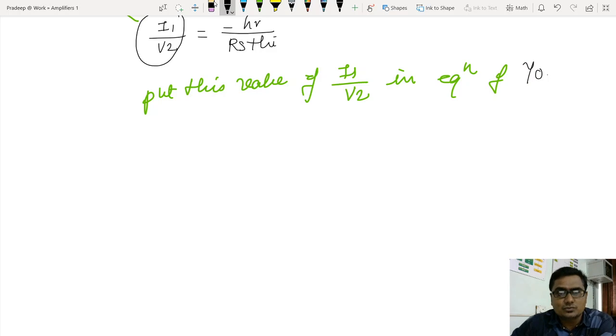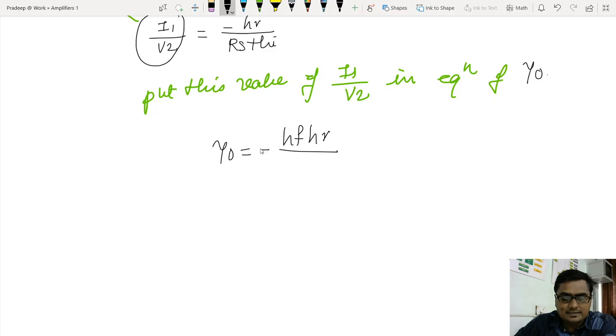So in the equation of Yo, if I put the value of I1 divided by V2, then the equation will become, let me rewrite the equation, Yo will become minus of Hf Hr divided by (Rs plus Hi) plus Ho. That's what it is. Right?